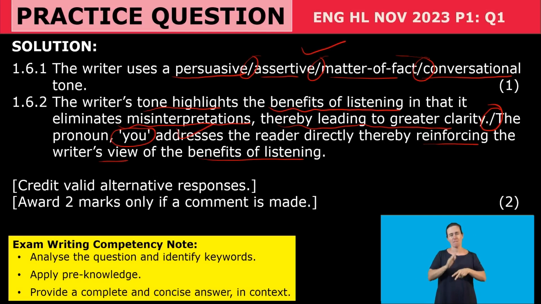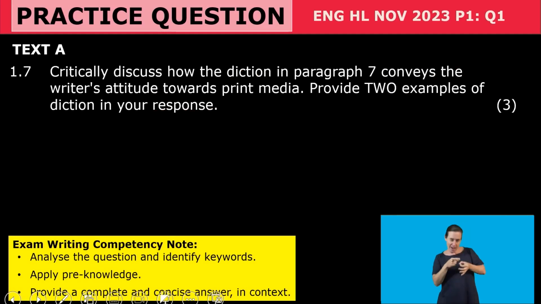Also, it's a good idea to include a textual reference, some evidence to support your answer. The next question, question 1.7, is also a popular question and you will be familiar with it. So critically discuss is the verb of questioning, and then the diction, that is our focus, diction, word choice.